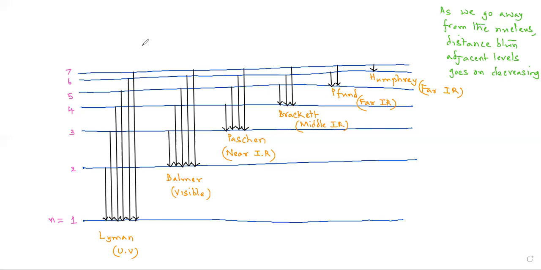That is how you get a number of spectral lines, which in fact are grouped into different series depending on the region of the electromagnetic spectrum where they are formed. So this is a diagrammatical representation of the hydrogen atomic spectrum.